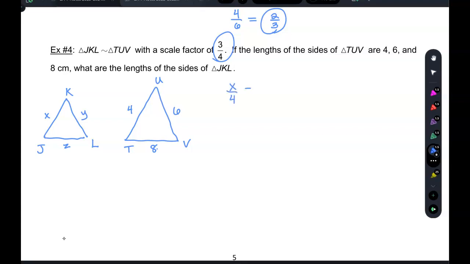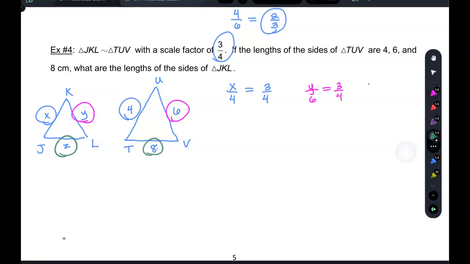X over 4 equals 3 over 4, right? And we know Y over 6 equals 3 over 4. And we know Z to 8 is also 3 to 4. All of those have the same ratio.